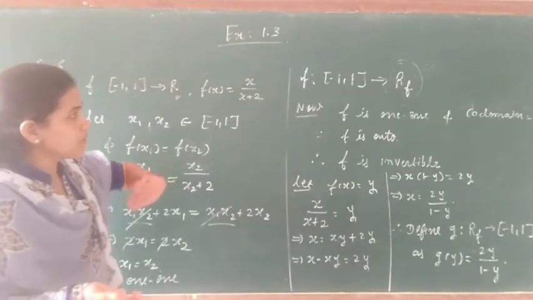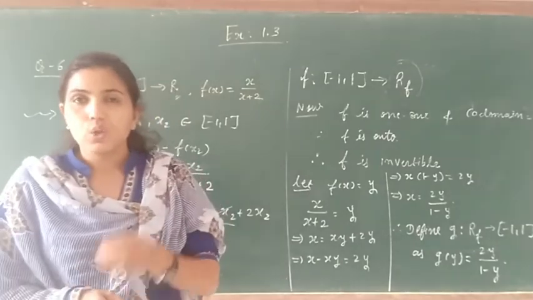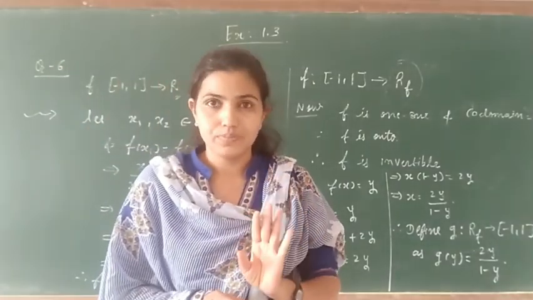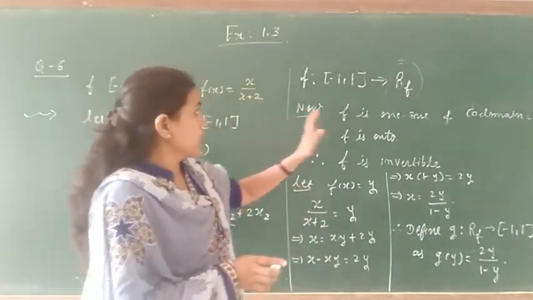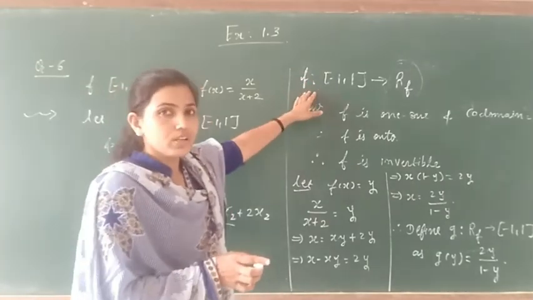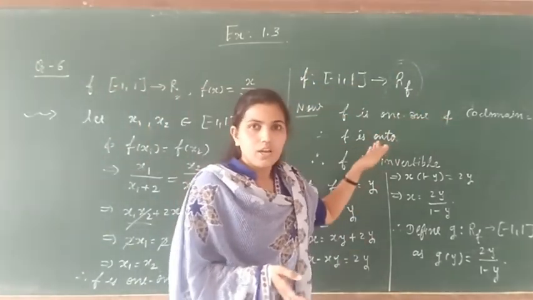Now next, we have the question: find the inverse of f. So to find the inverse, first what do we need? That the function is invertible. Okay, we should show that. So for that, f is 1-1 that we have proved, and as our function codomain is reduced to the range of f, therefore it is onto.